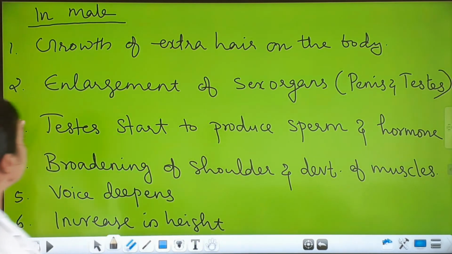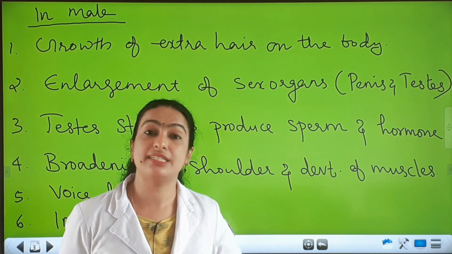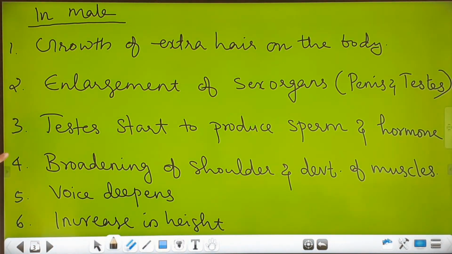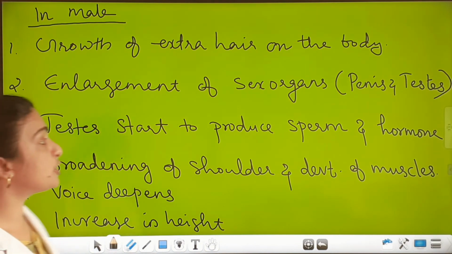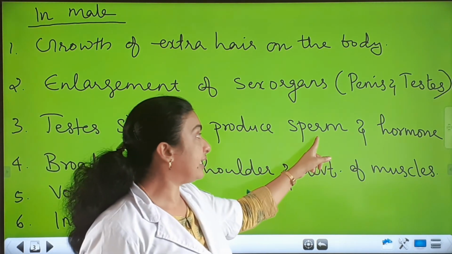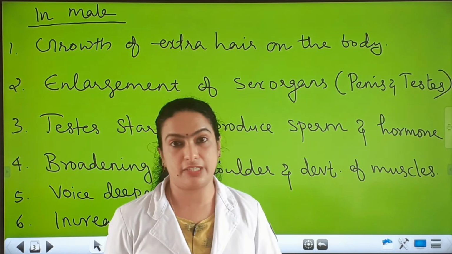The second one, enlargement of sex organs like penis and testis start to enlarge or develop. The third point is testis start to produce gametes such as sperm and male sex hormones such as testosterone.